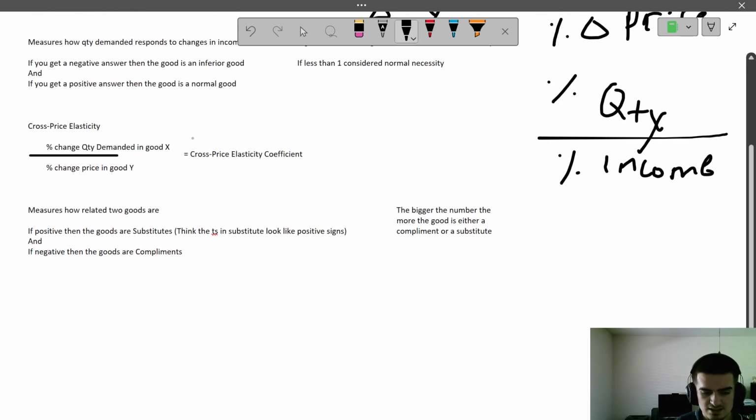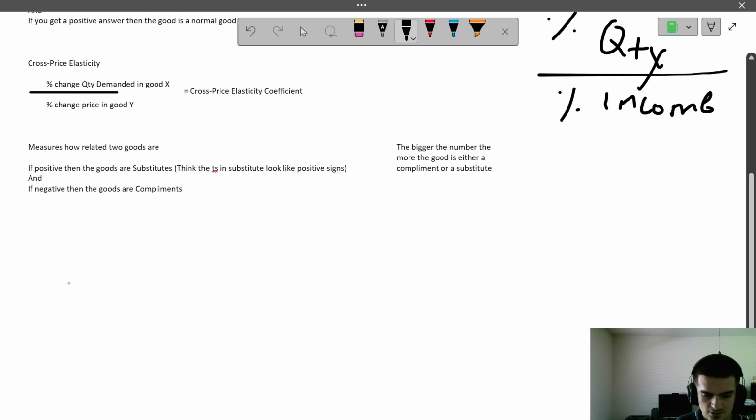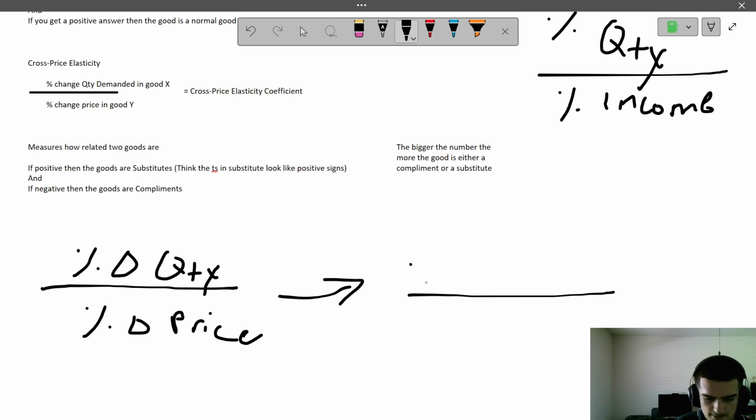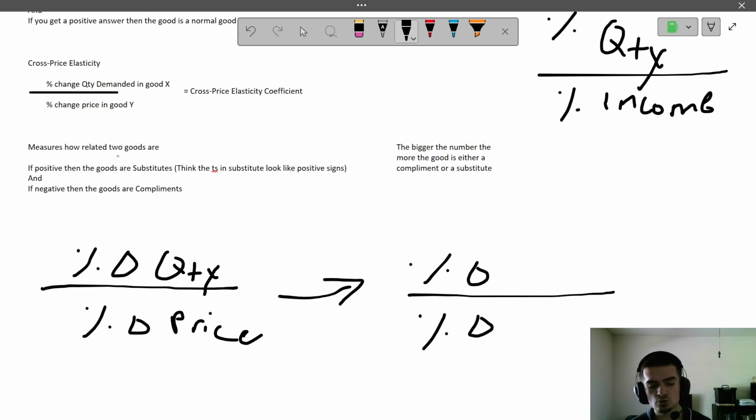Next is cross price elasticity. So you go from your parent function, percent change in quantity over percent change in price, to percent change. And then I'll tell you the last two after I tell you what cross price elasticity is. Cross price elasticity measures how related two goods are.